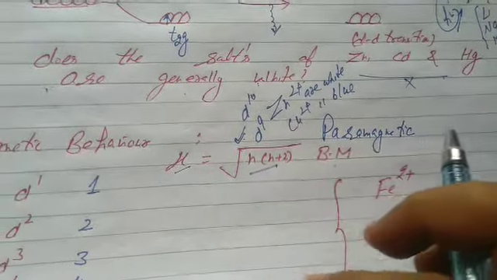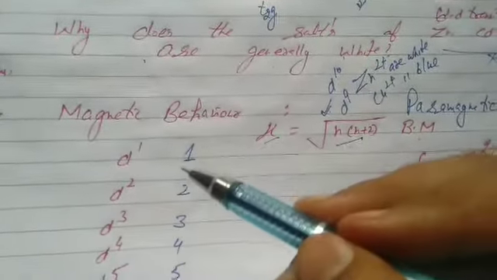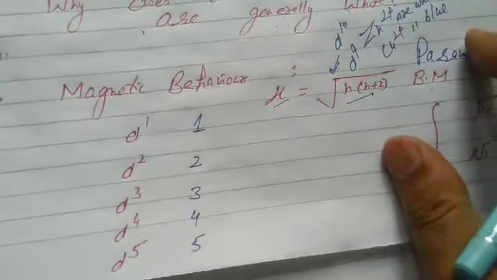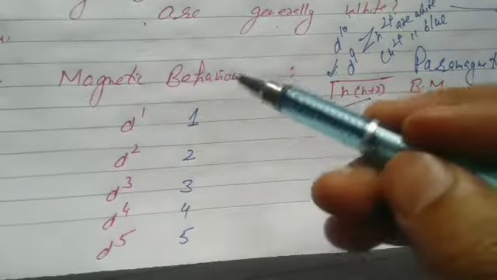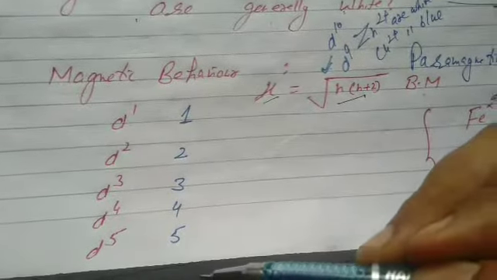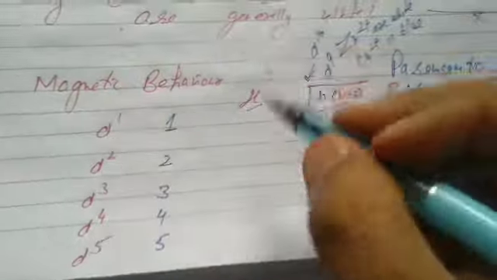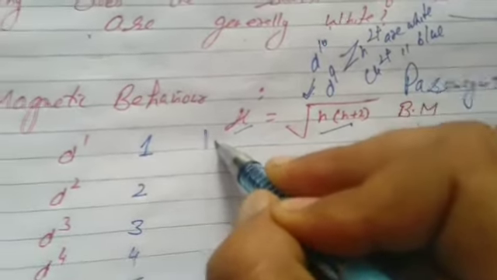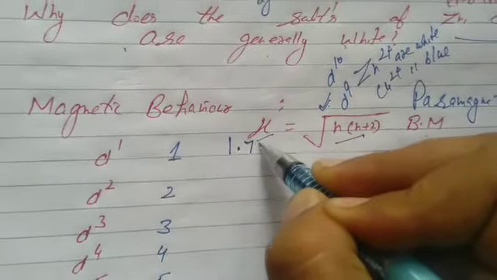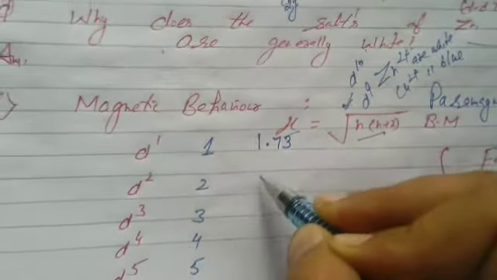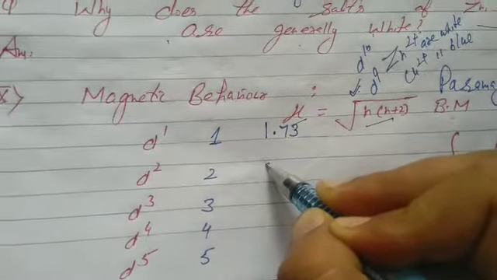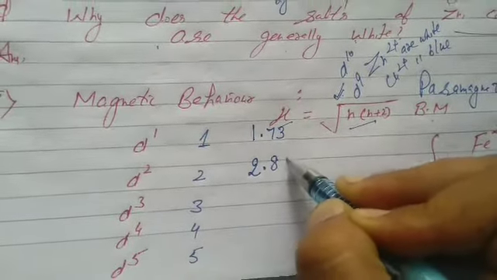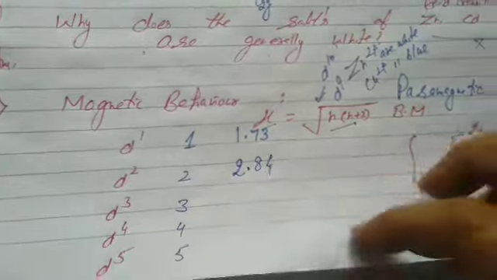But students, I am again telling you the short trick to find magnetic moment, and it is again an important question with respect to your competitive exams. If it is d1 configuration, it has one unpaired electron and its magnetic moment is 1.73. If unpaired electrons are 2, the magnetic moment will be in the range of 2.84.